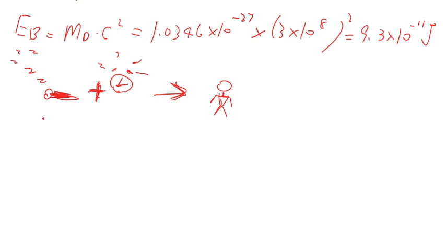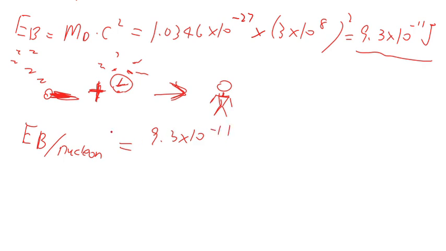And then we want to know the binding energy per nucleon. What do we have here? Binding energy. We just calculated 9.3 times 10 to the power of negative 11, per nucleon.